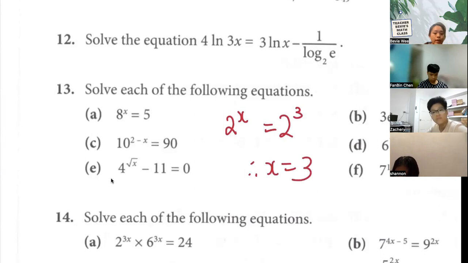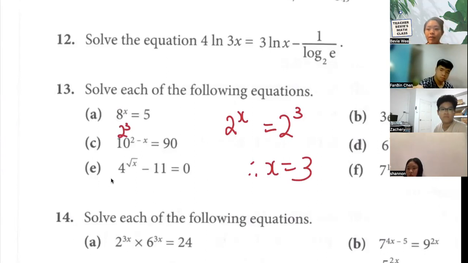But in this case, if you look at the numbers 8 and 5, there is no way that you can make 8 to a base that is similar to your 5. If this is 25, then okay, I can change 25 to 5 squared. But 8, maximum I can do is 2 cubed. And 2 to the power of nothing gives me 5. Right? So this is it.